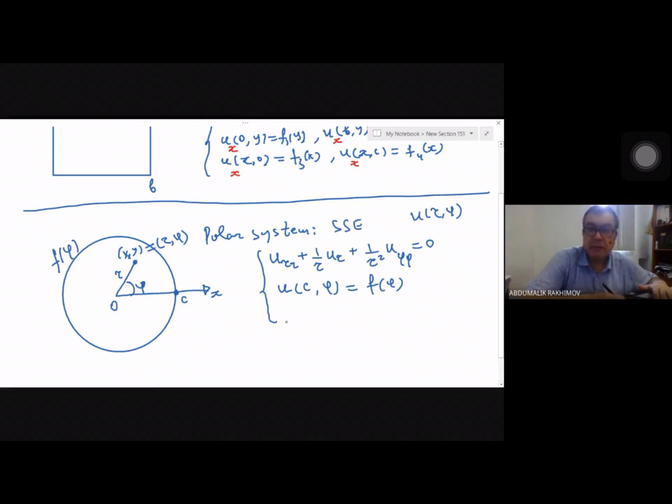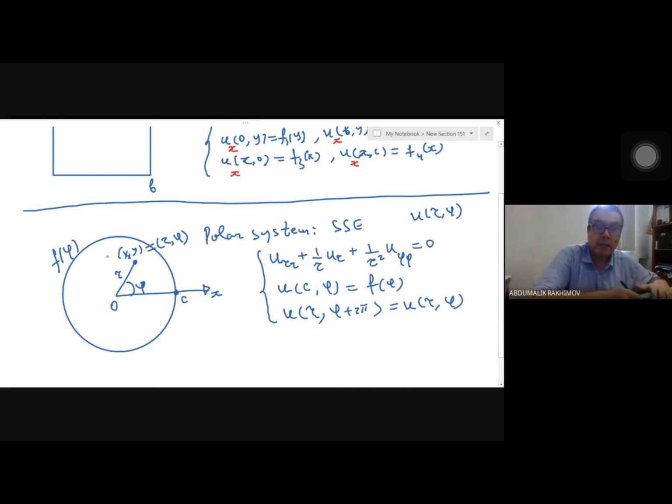And we also have the so-called condition that u must be periodic, right? u(r, phi plus 2 pi) is u(r, phi). Why? Because the point (r, phi) is the same as (r, phi plus 2 pi). If you change phi to phi plus 2 pi, you will return to the same point.